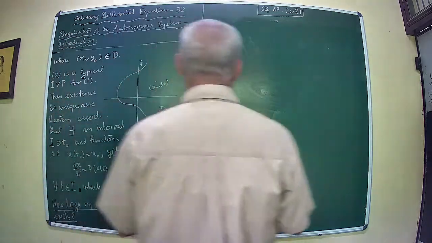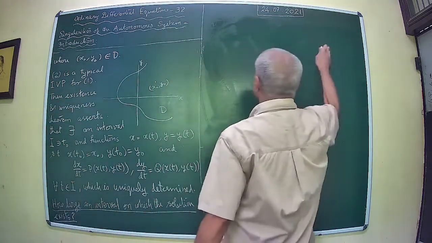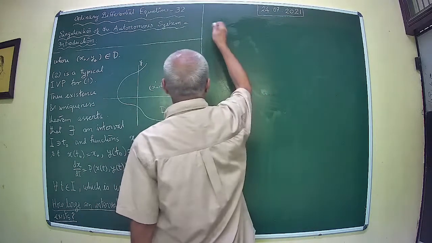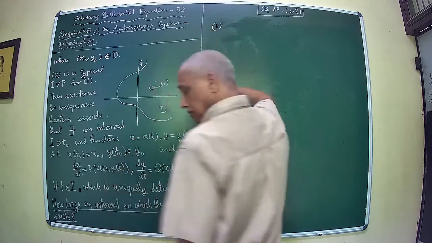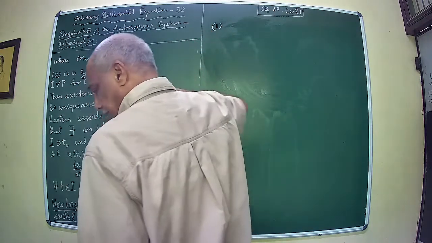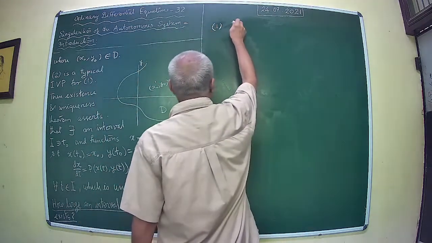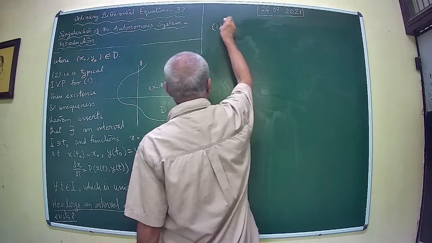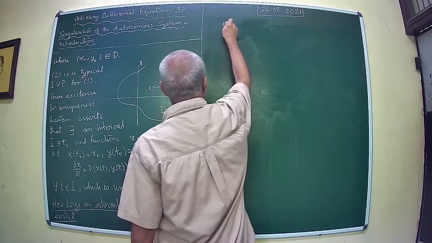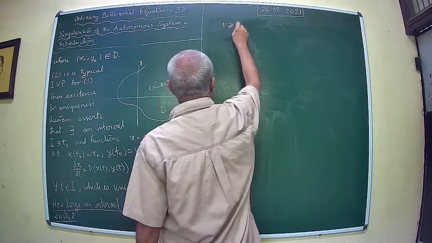So what are the possibilities? The answer to this question is that the first one, the solution may be defined. Okay, let us look at t greater than t naught. We first take up the case for t greater than t naught.